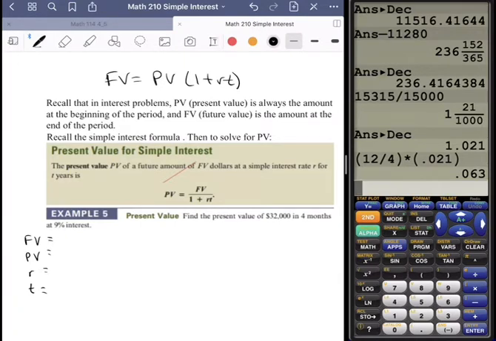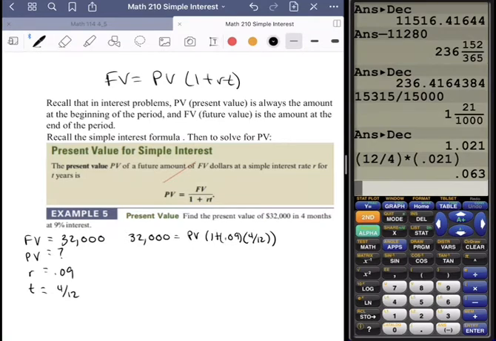So it says find the present value of, so that means I'm looking for present value, $32,000. So that's the future value, at a rate of 0.09. Time is 4 out of 12. So I have 32,000 equals present value, which is what I'm looking for, times (1 plus 0.09 times 4 out of 12).